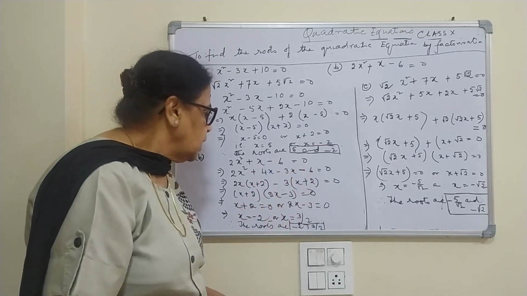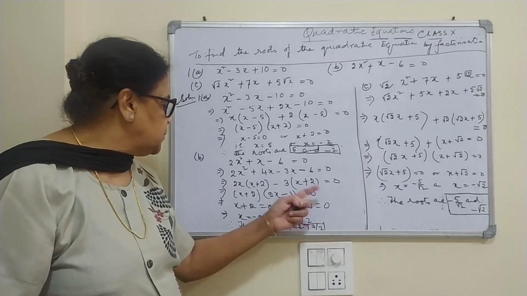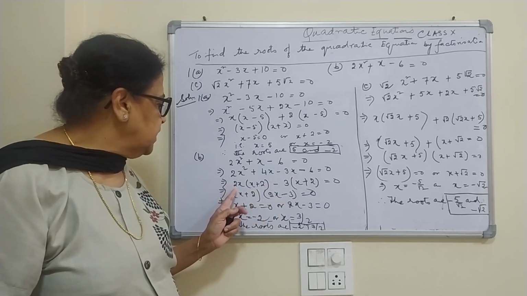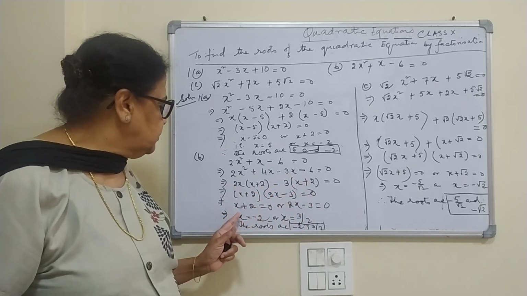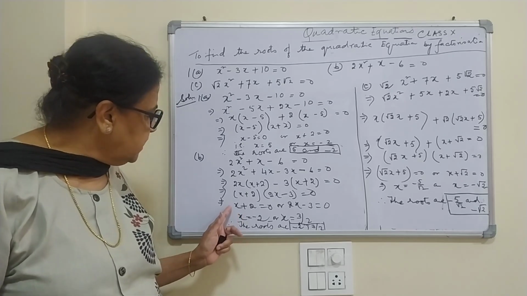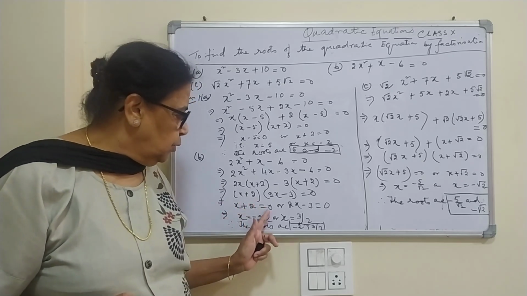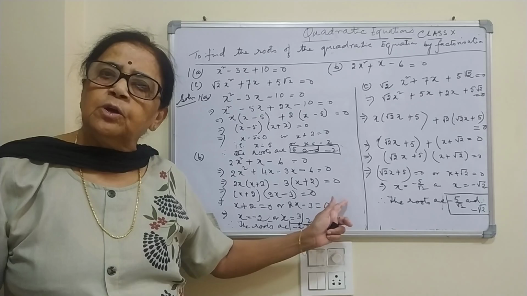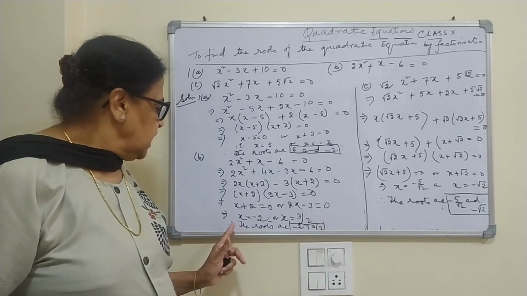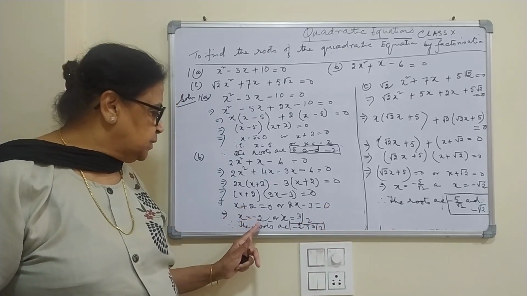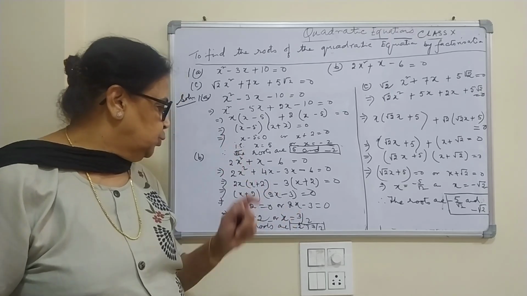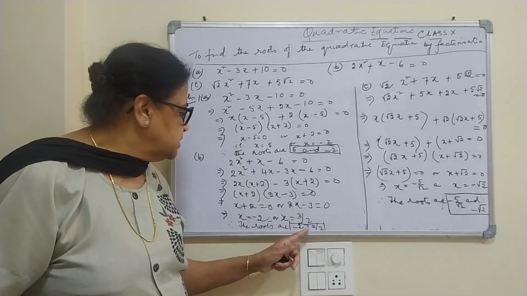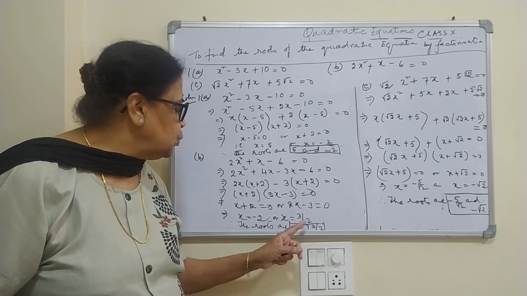Then we take x plus 2 common, and we get 2x minus 3 is equal to 0. With the same method, we get x plus 2 is equal to 0 or 2x minus 3 is equal to 0. That implies x is equal to minus 2 or x is equal to 3 by 2. Therefore the roots are minus 2 and 3 by 2.